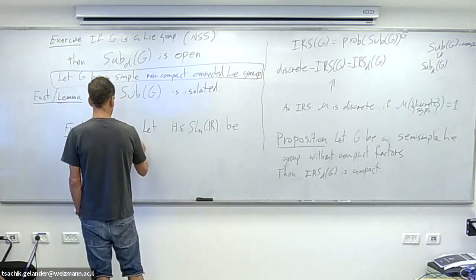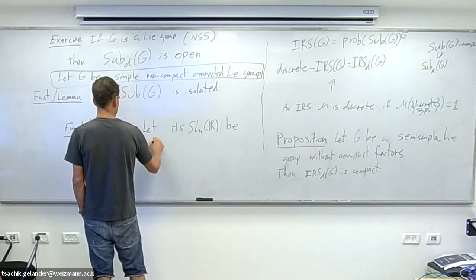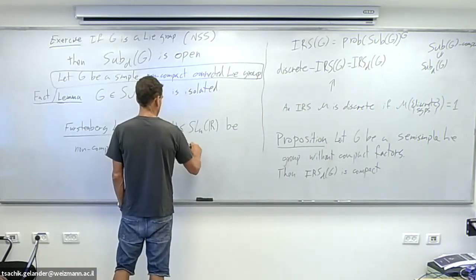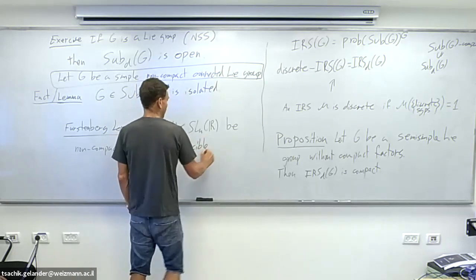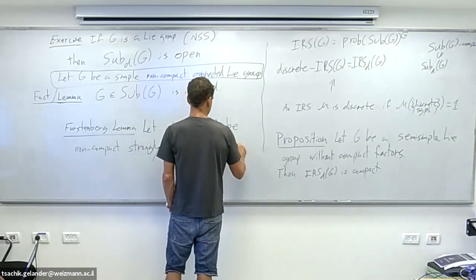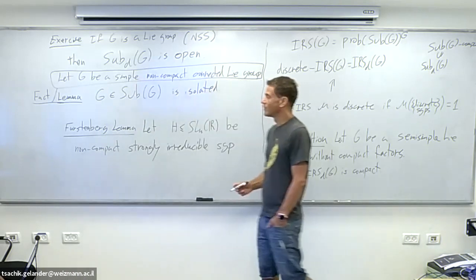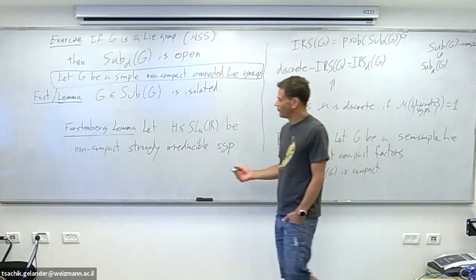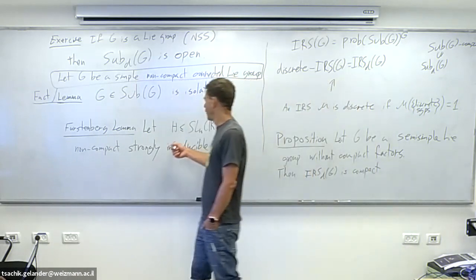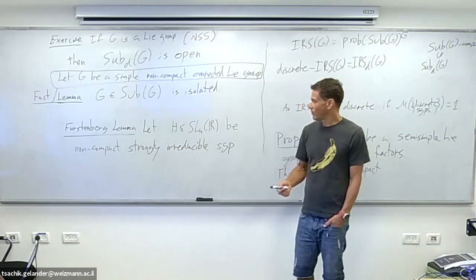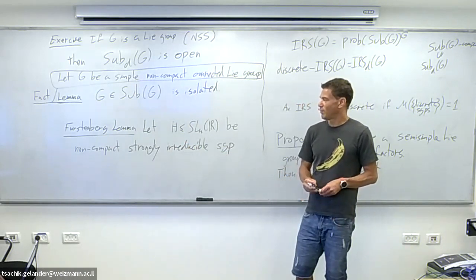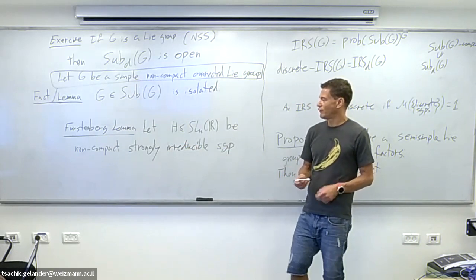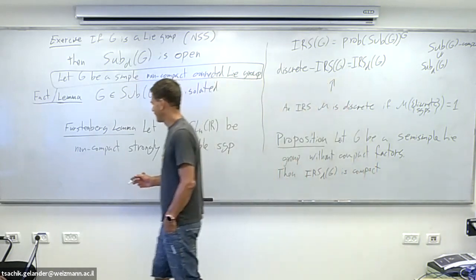Only irreducible. Then the projective space has no probability measure which is H invariant.